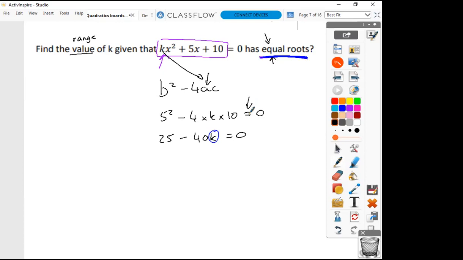So I want to isolate what I've circled in blue there. So I'm going to move over everything else. So I've got minus 40K is equal to 25. K is equal to 25, I'm going to take that whole thing and move it over.